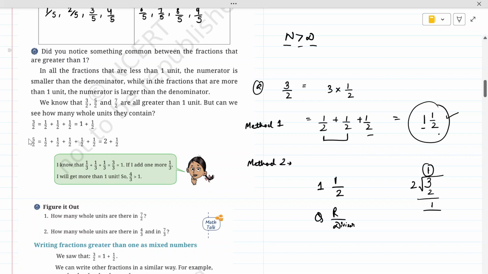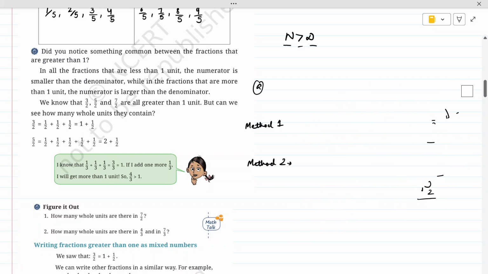Similarly, we can find in the case of 5 by 2 also. So let's do 5 by 2 here. We will again do it with both the methods, and you can pick any method which you find easy. Both are correct. We can represent 5 by 2 as 5 times half. That means we write 1 by 2 five times first.